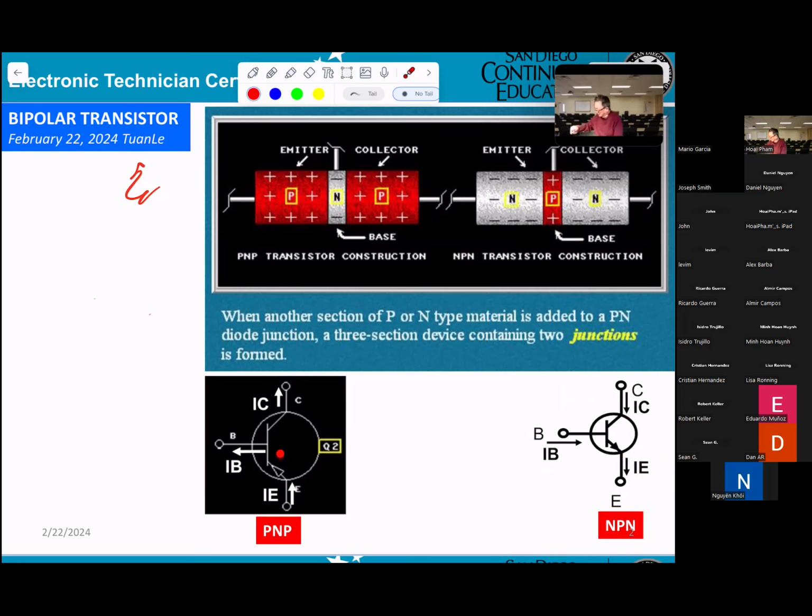On this PNP, same thing, you get two diodes. When another section of P or N type material is added to a PN diode junction, a three-section device contains two junctions.